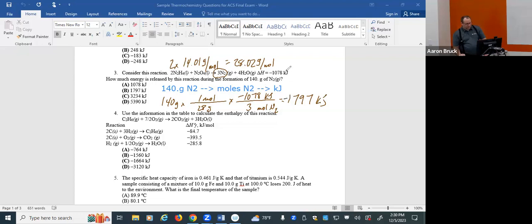Now, based off of the sign, it's negative. It asks us how much energy is released, so we're okay with the positive value there. The answer would be B.